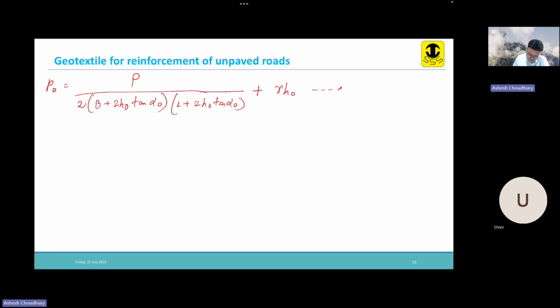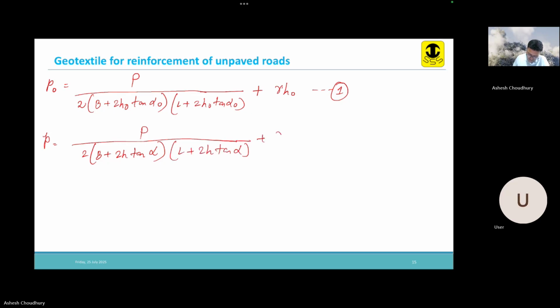Mark it as equation 1. Next we have P. When you write for P, we again have capital P by 2B plus 2H tan alpha, times L plus 2H tan alpha, plus gamma into H.